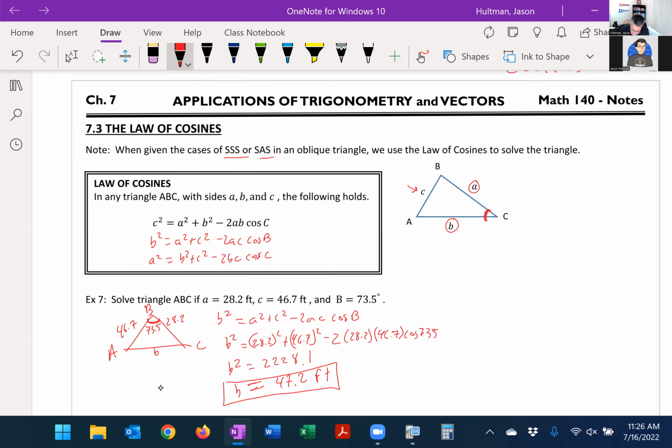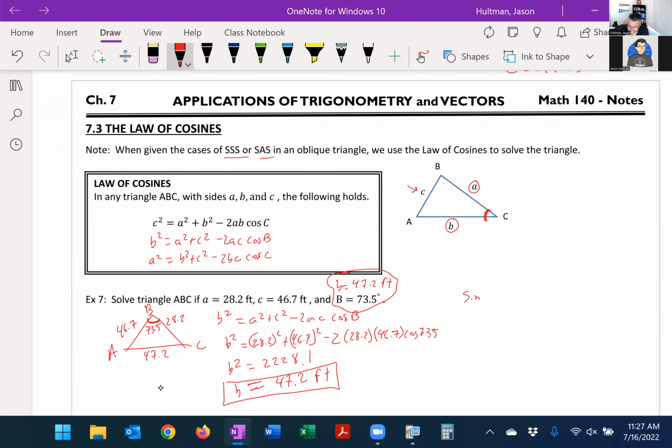So now we have a side and angle pair. This B was 47.2 feet. Now we can use law of sines to solve the rest of the triangle. We couldn't before, but now we can. So let's try to figure out what A is here.